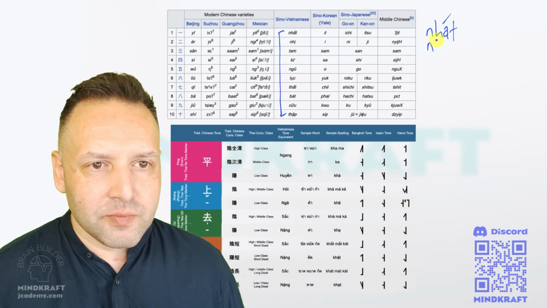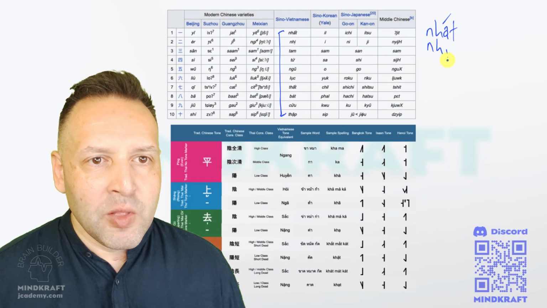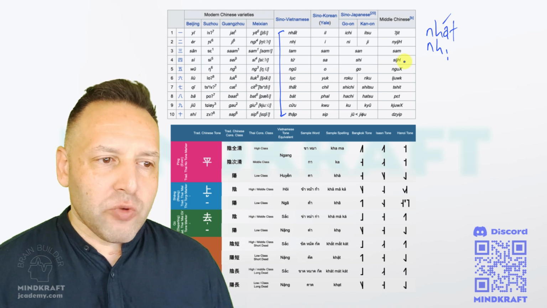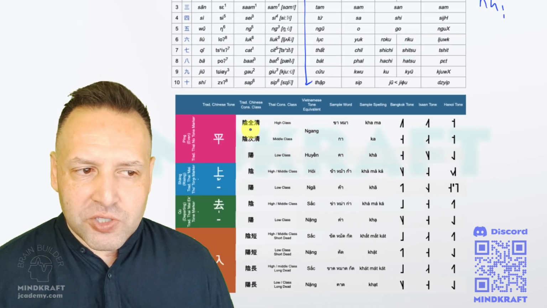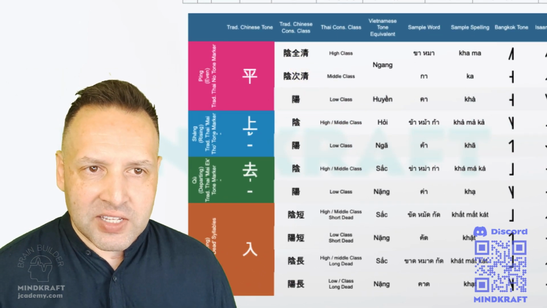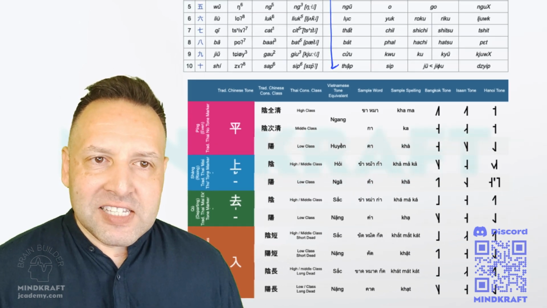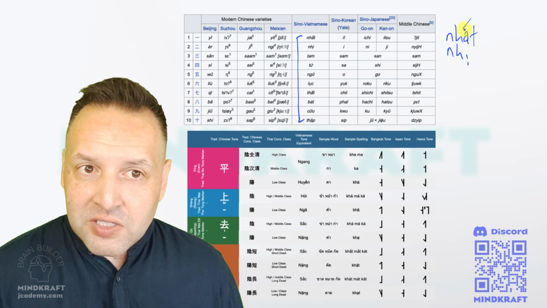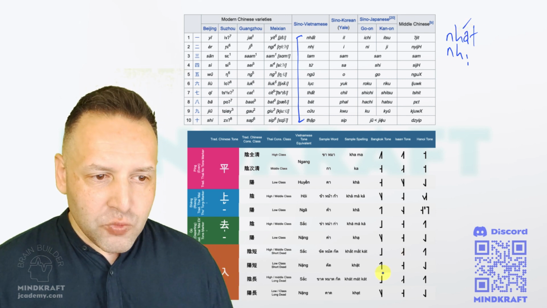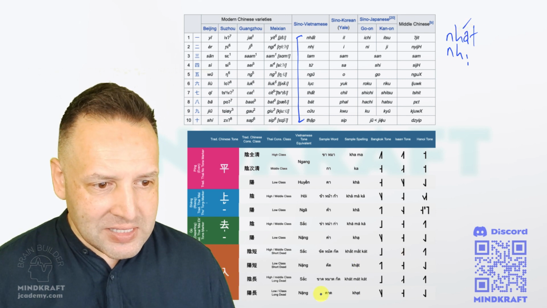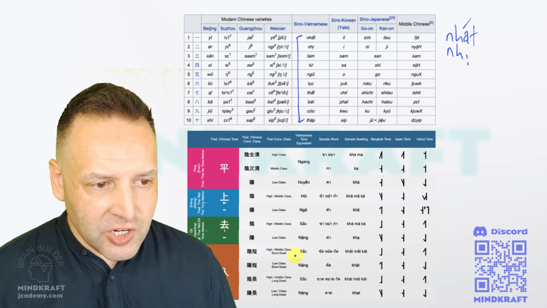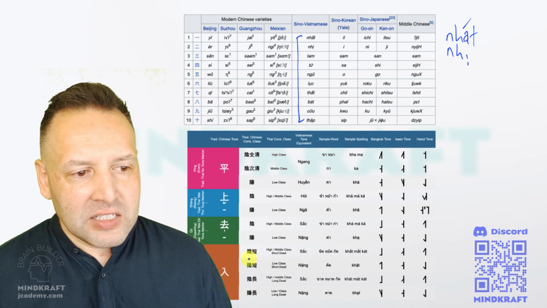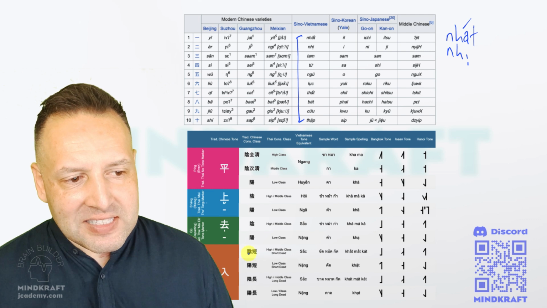Here we have nhất. Now, as we're looking at this, remember this chart. I'm going to let you start calculating this out in your head. Remember that this sắc tone here in Vietnamese is either going to represent, and we can come down and see down here, the yin or dead, so basically dead or alive.